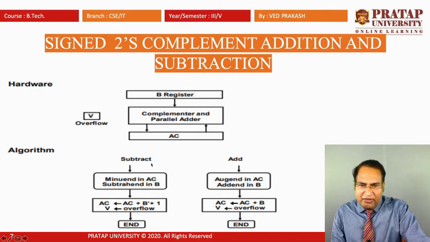Here we perform two operations, addition and subtraction. In the case of subtraction, the minuend value is put in the accumulator register and the subtrahend value is put in register B. As we know, subtraction is always performed using the 2's complement of the subtrahend, and the result is transferred into the accumulator register.